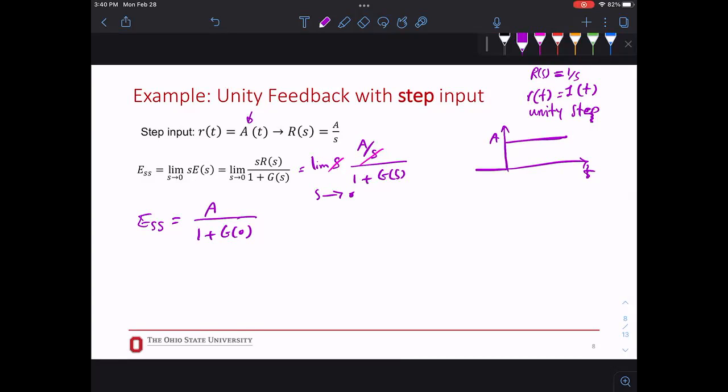So we will choose our G in a way that we can drive this value to 0. Right? So just by looking at that, how can we drive that to 0? If G was very big, infinity, right? There are ways to do that on purpose. You can choose the control in a way that drives that to infinity, A over infinity is 0, and you're good.